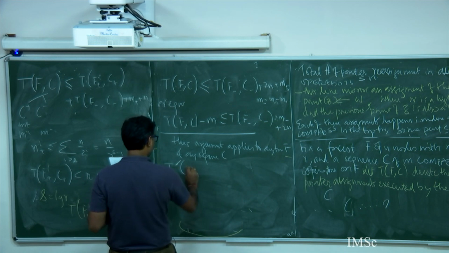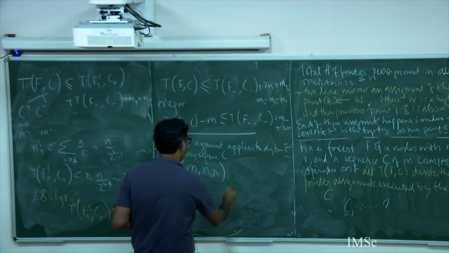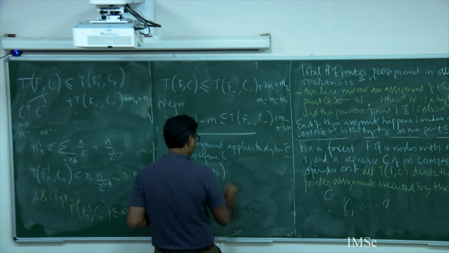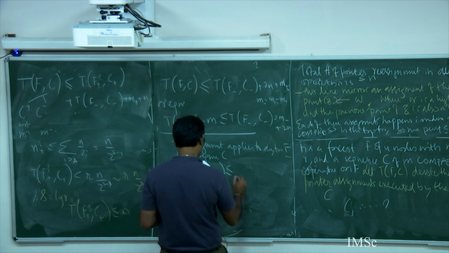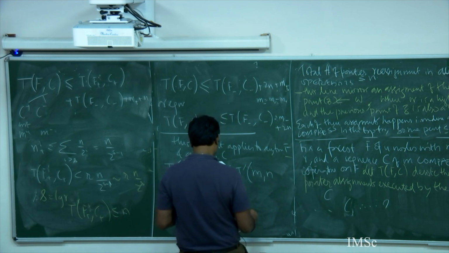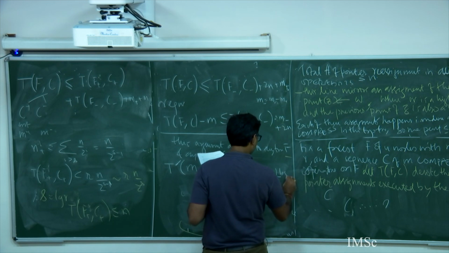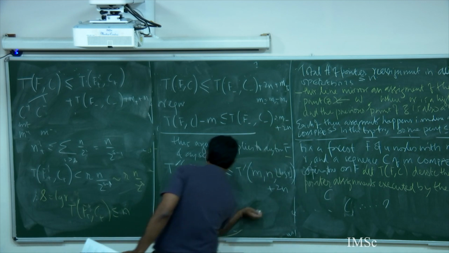I'm writing a new recurrence, T prime of M, N, R, let's see if you agree to this, is less than or equal to T prime of M, N, log R plus 2n. Okay.